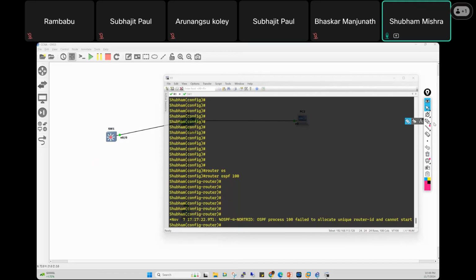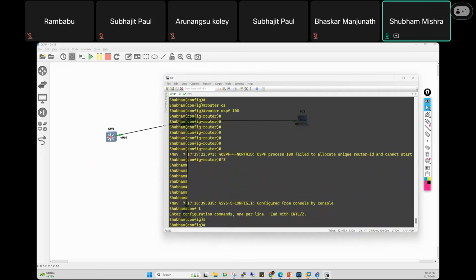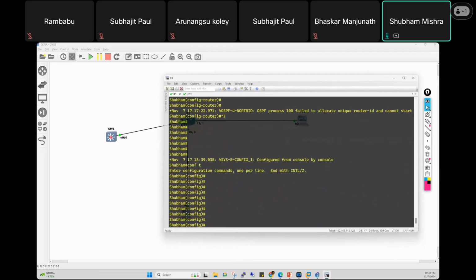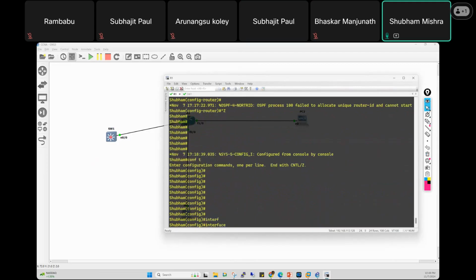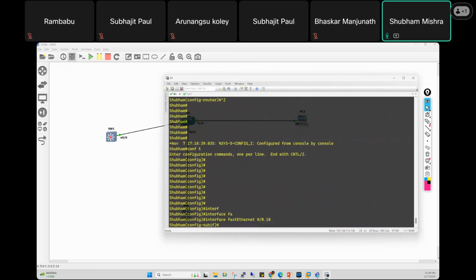But for your information, I am just telling you there is a mode called sub-interface. In real time, we create sub-interfaces many times. For example, we are in global configuration mode. Interface FastEthernet 0/0, and I'm writing .10.